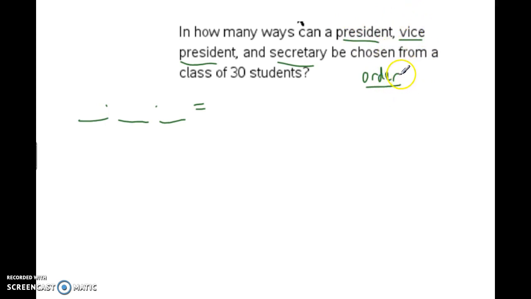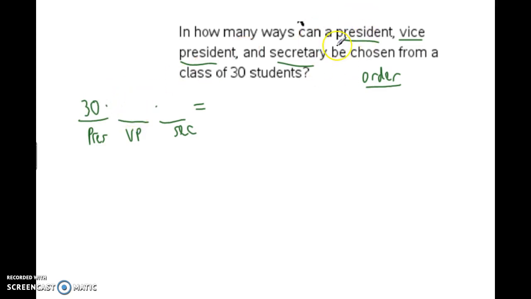And so when order is important, we can use this slot method, this counting principle idea. There's 30 ways that you could choose the president, and then the VP, and then the secretary. Once you've chosen the president, that person cannot also be the vice president, right?